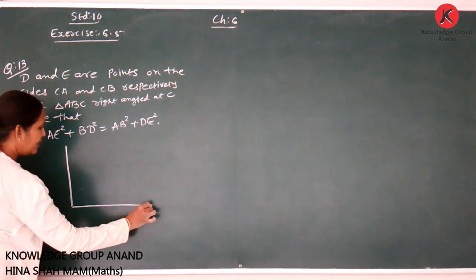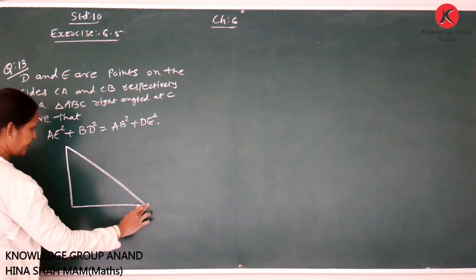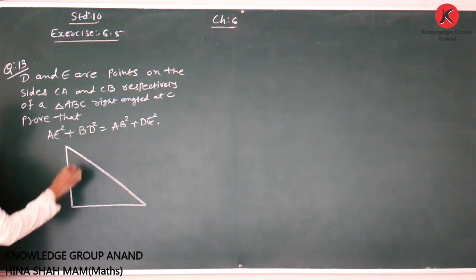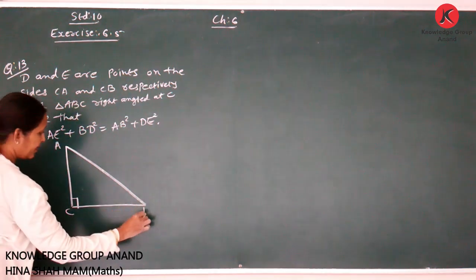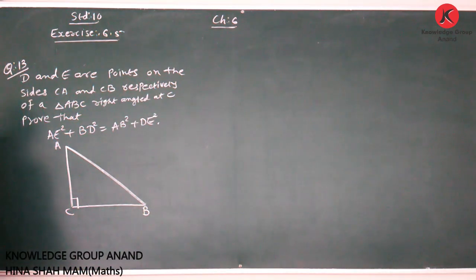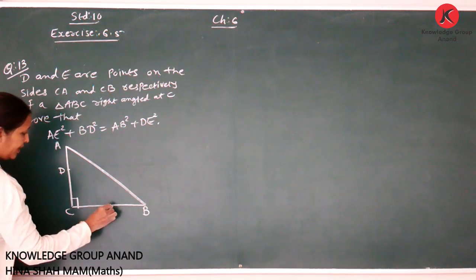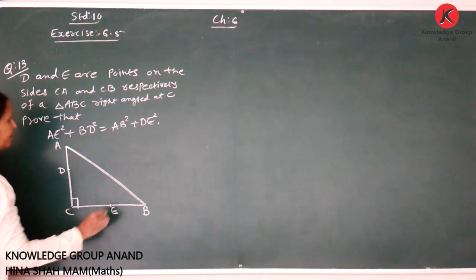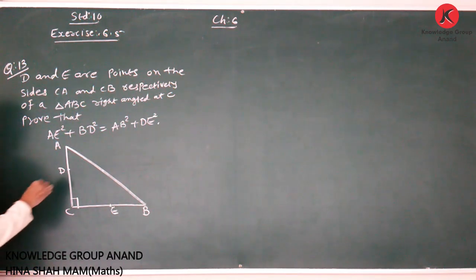Right angle triangle, right angle at C. D is on CA. E is on BC. Here 2 points.